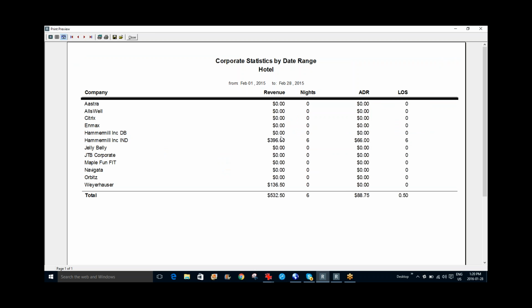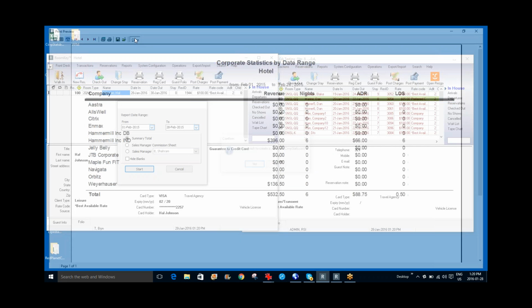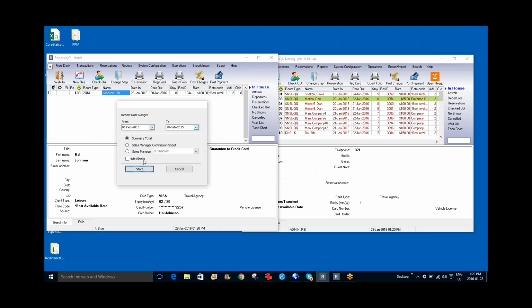And why this was a Henry request and why it works out is, especially when you're looking at sales managers' commission sheets and looking at how many companies they have. I have 2 that are producing and you have 20 other accounts that are 0. Is this the accounts or is this the sales manager? It allows you to dig in. I mean, you could look at all the accounts that you have and cross-reference, but it's kind of a pain.